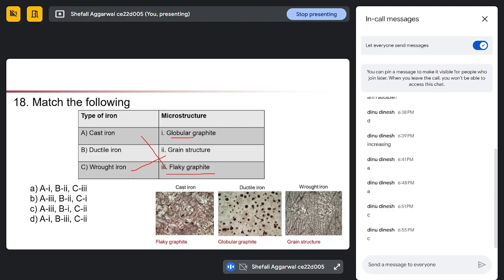And in wrought iron, we don't have graphite. Instead of graphite, we have the presence of slag and less than 1% of carbon, and it will have a grain structure. So the correct answer will be A3, B1, and C2.